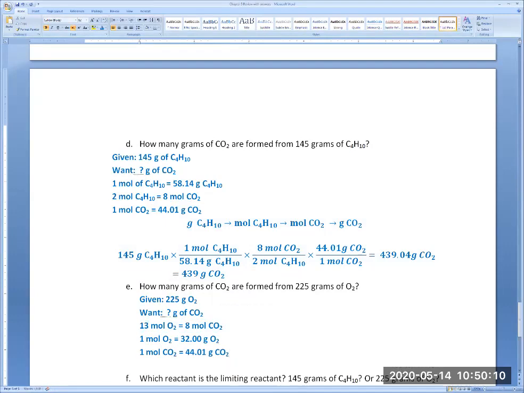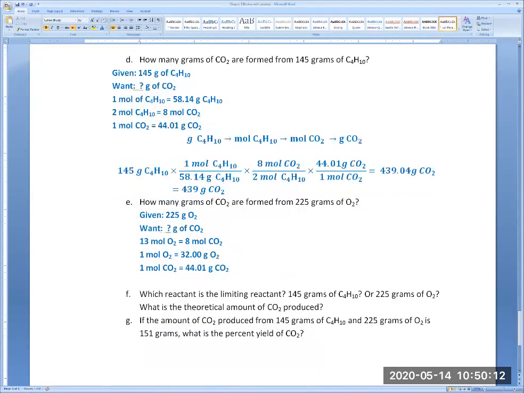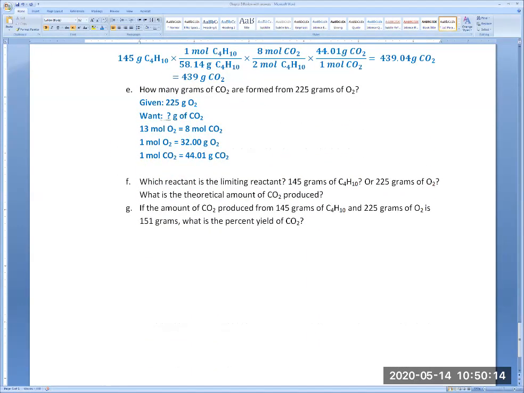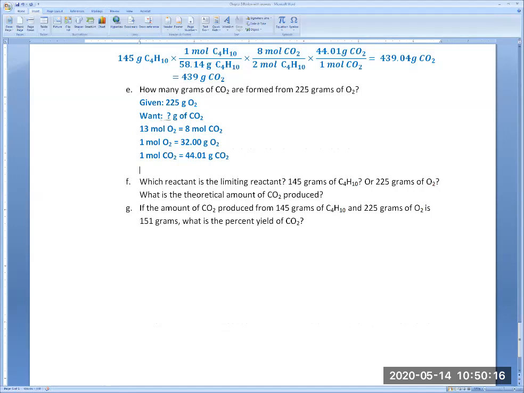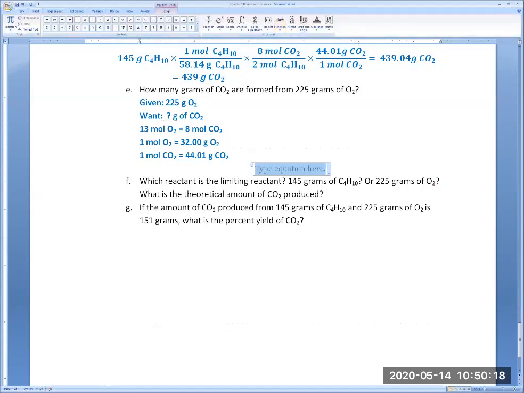So let's show the roadmap to put this more clearly. I think it's good to have a roadmap. So we start with grams of O2.